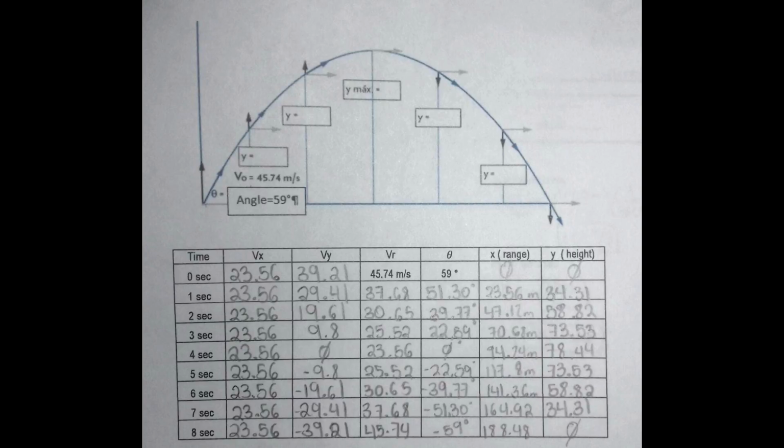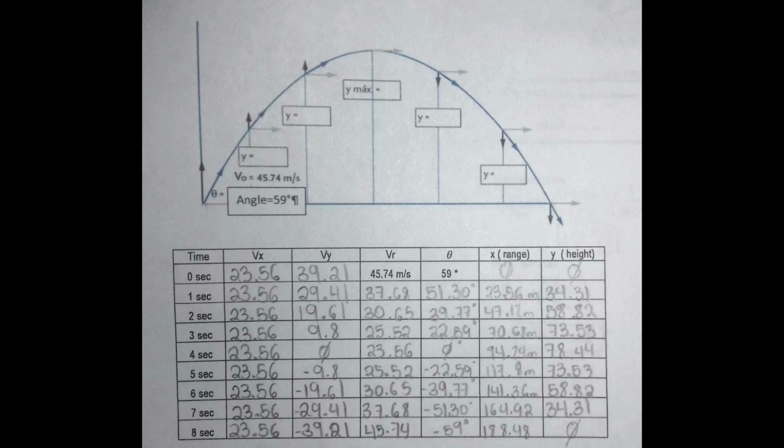After that, finally we have to obtain the height. We know that at the beginning, in the second 0, the height is equal to 0. Also, the height is equal to 0 when the parabolic throw ends. It also means that in the second 8 we have 0.